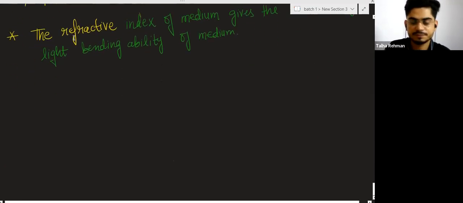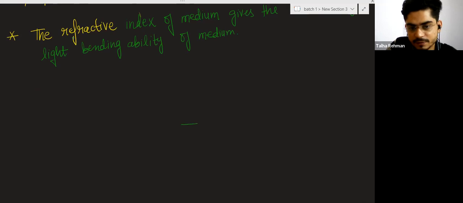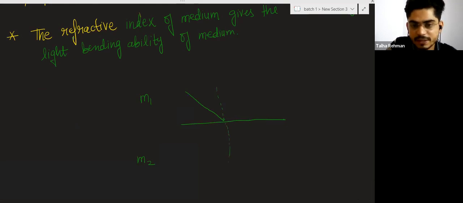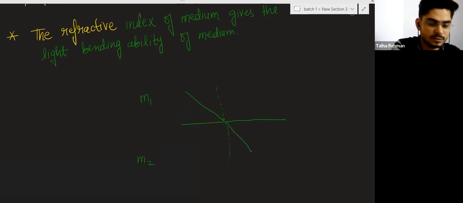For example, I am giving one example here. Suppose light is traveling like this from one medium to another; this is medium 1, this is M2, medium 2. There can be the possibility that light is traveling not in a straight line.